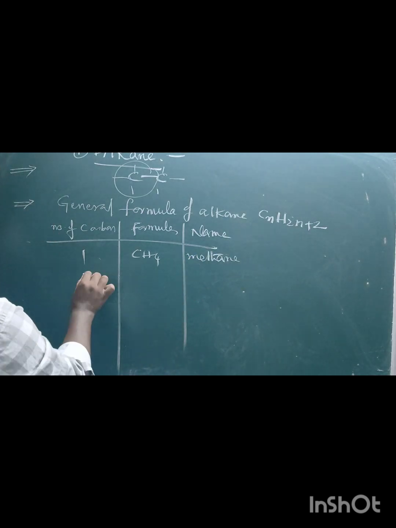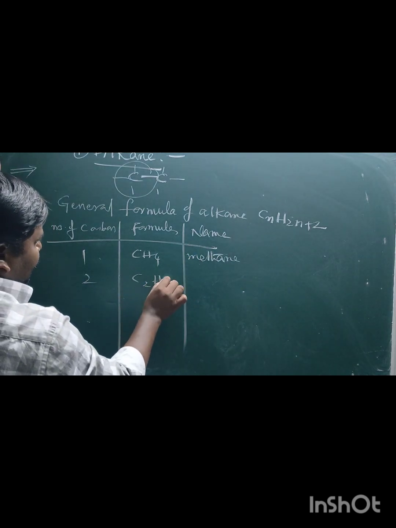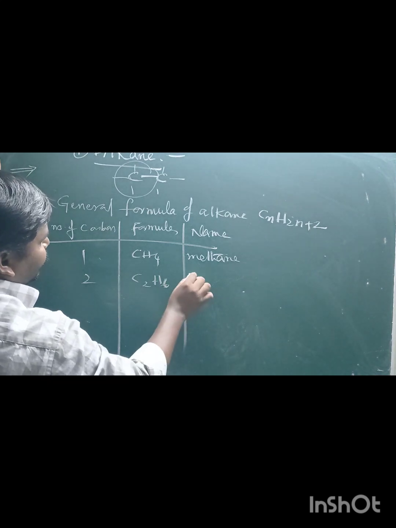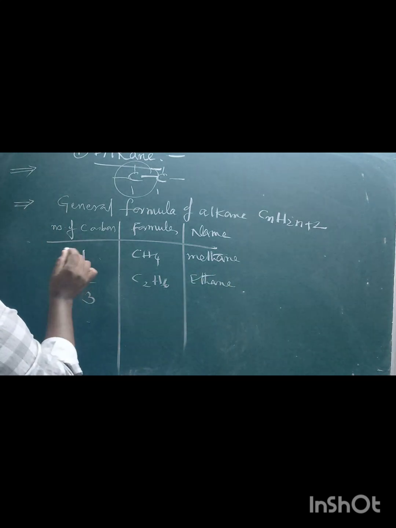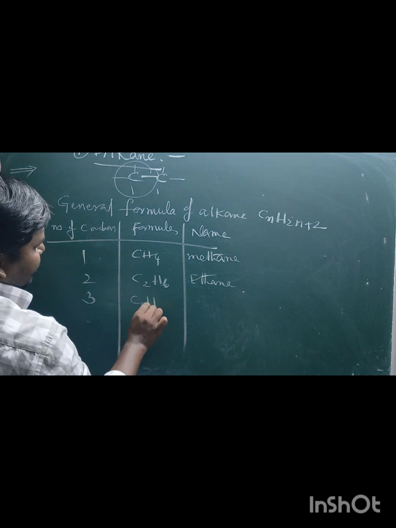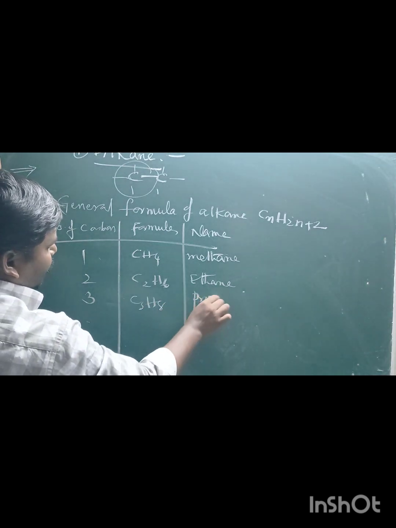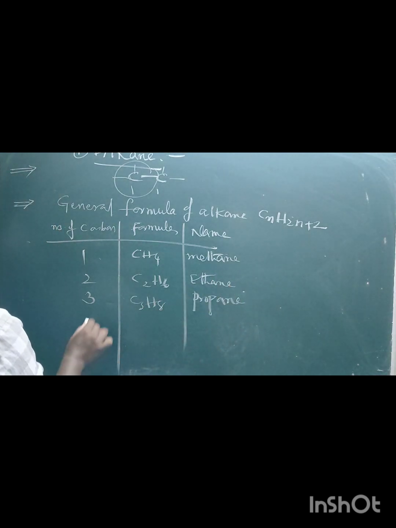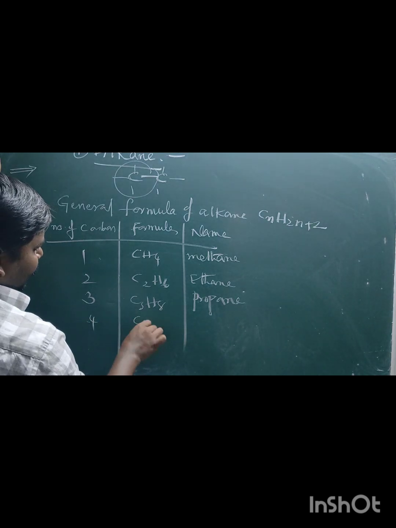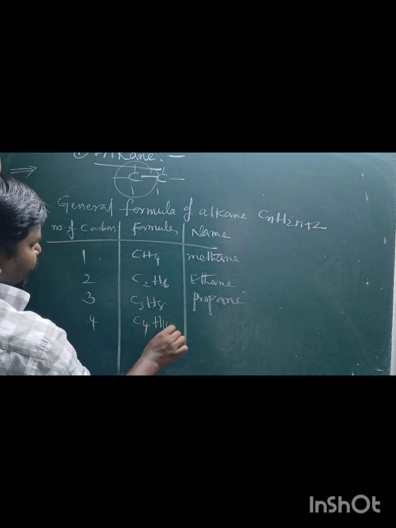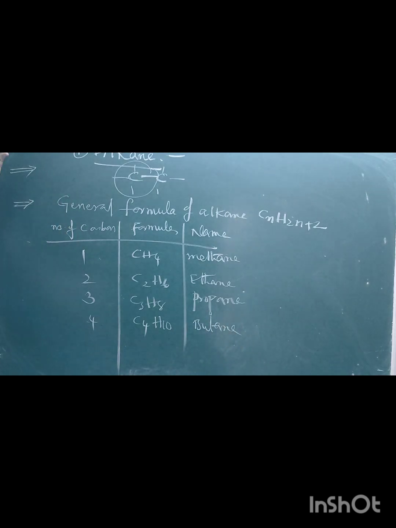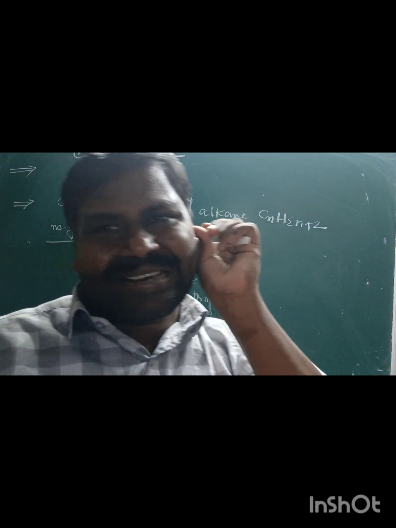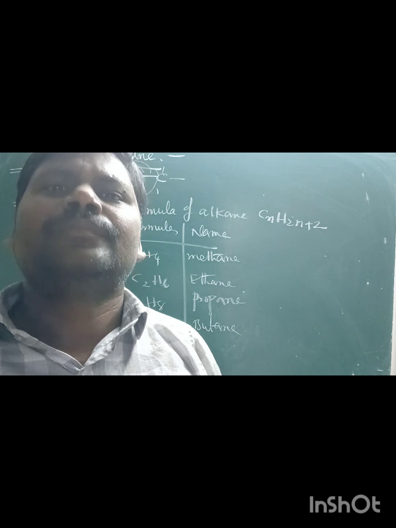Methane. 2 carbons, C2H6, ethane. N equal to 3, C3H8, the name of the compound is propane. N equal to 4, number of carbon atoms 4, C4H10, butane. Like that, if N equal to 5, C5H12, pentane.